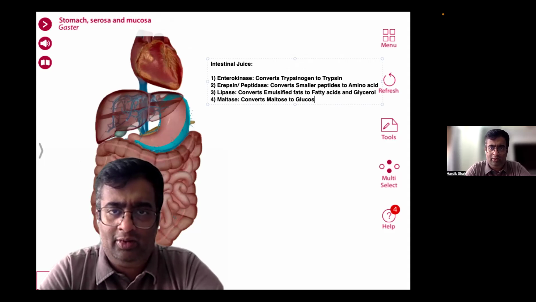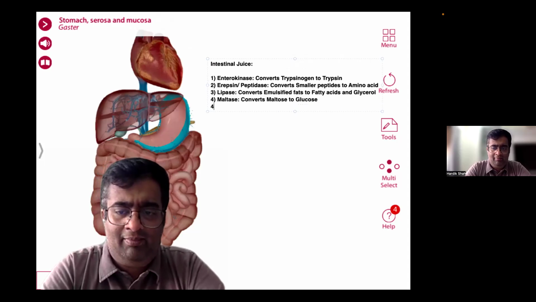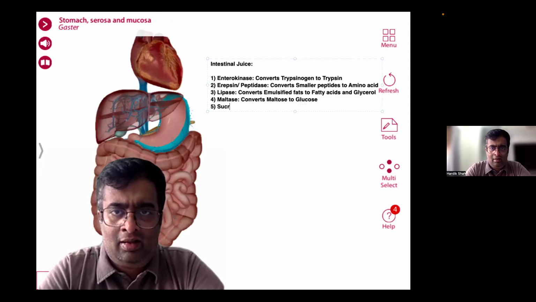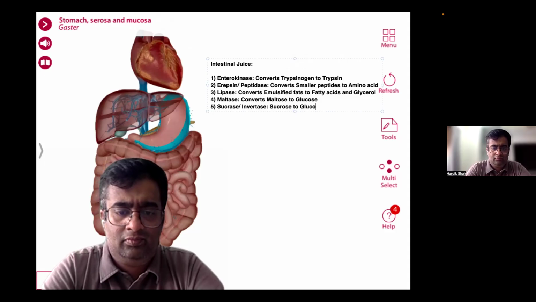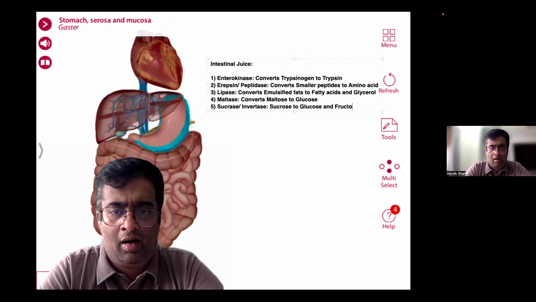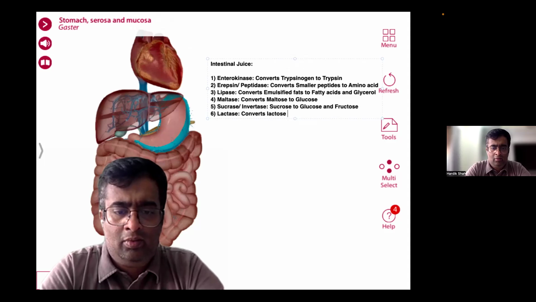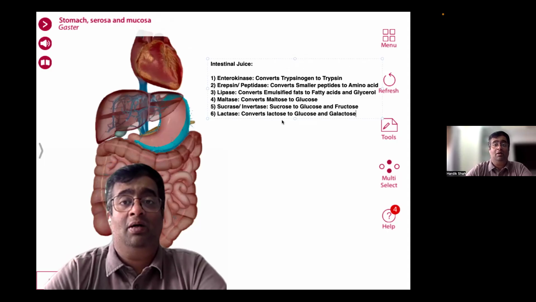Maltose is made up of two glucose molecules. Then there is the enzyme sucrase or invertase, which converts sucrose to glucose plus fructose. And then the next enzyme is lactase, which breaks down the milk sugar, that is lactose, into glucose and galactose.